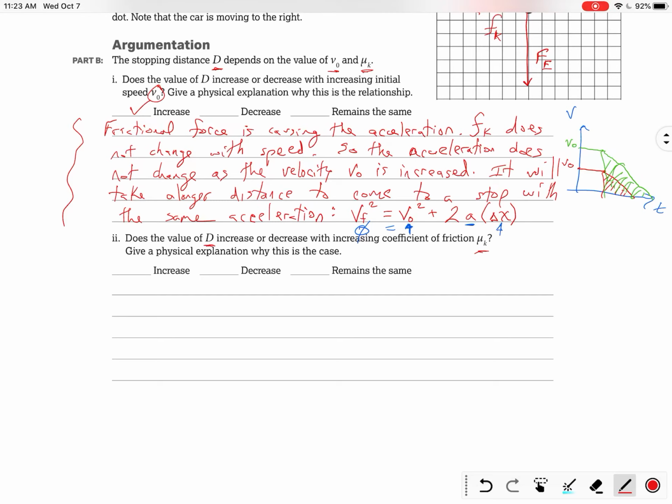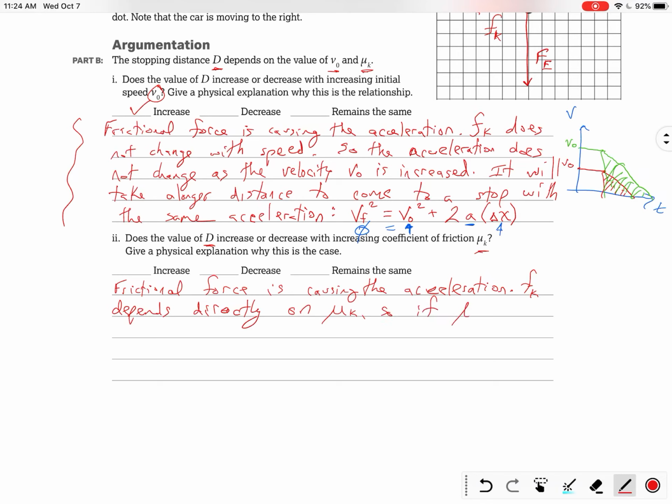So in this case, the frictional force is again causing the acceleration. We're noting from the force diagram that F sub k depends directly on mu sub k. In other words, there's a direct relationship between the two.